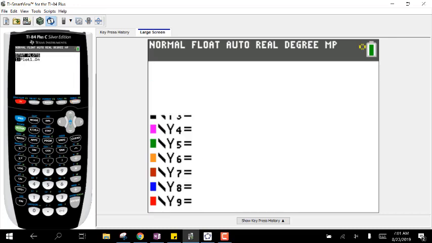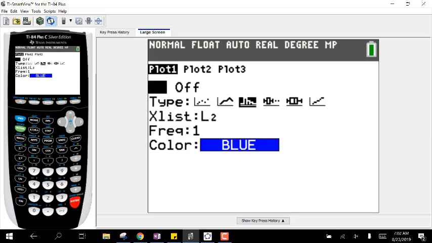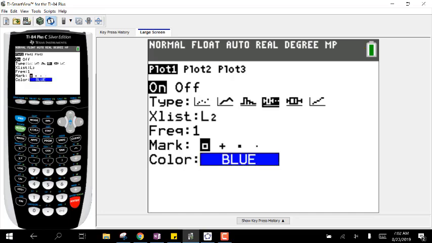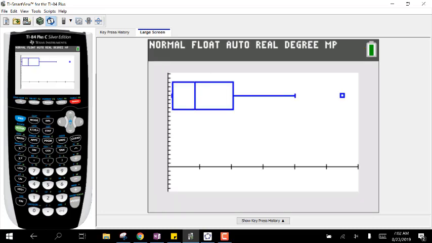Apparently I did not click on the box plot, thought I did. Now when we graph, again, my data is in L2. All right, pretty easy to see. It's the same numbers as a histogram basically, so that's why it fits here. And we do have an outlier.